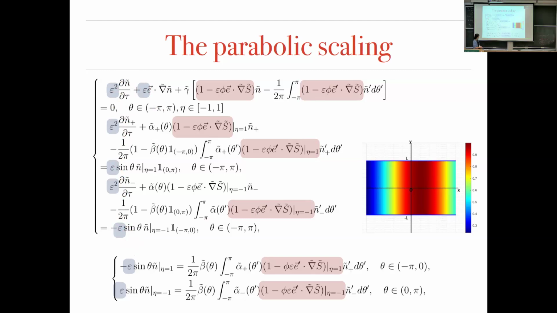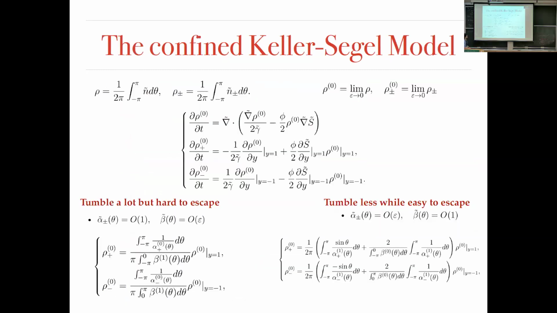The result we get is like this. Finally, we get what we call the confined classical equation. Inside the domain, it's just the same as the classical equation, but at the two plates, you can see the boundary condition is quite different. There will be no chemotactic drift for those cells attached to the boundary.